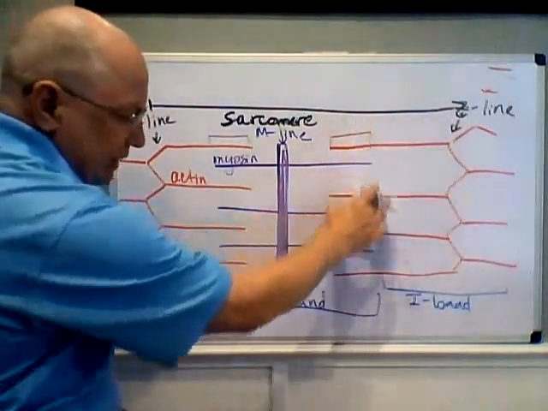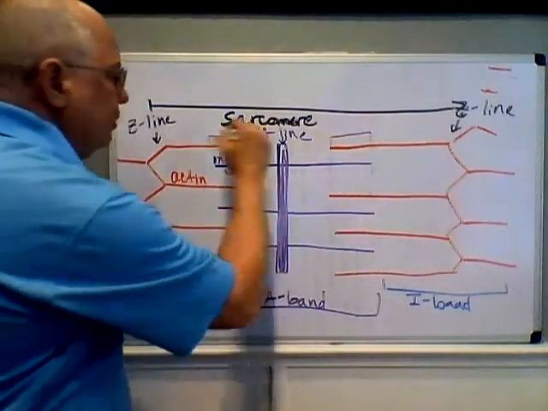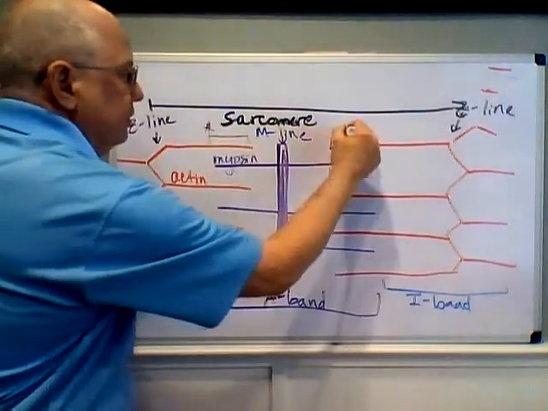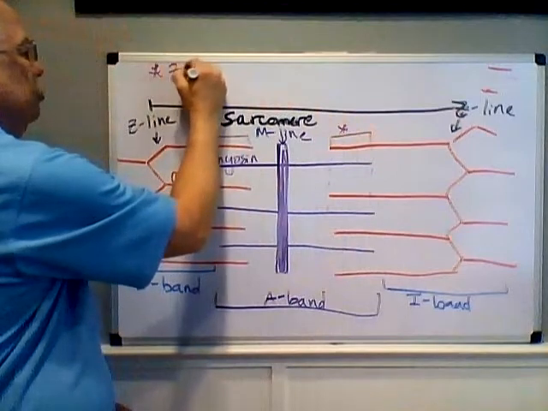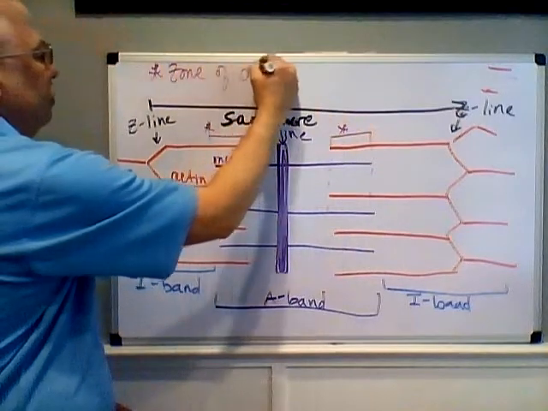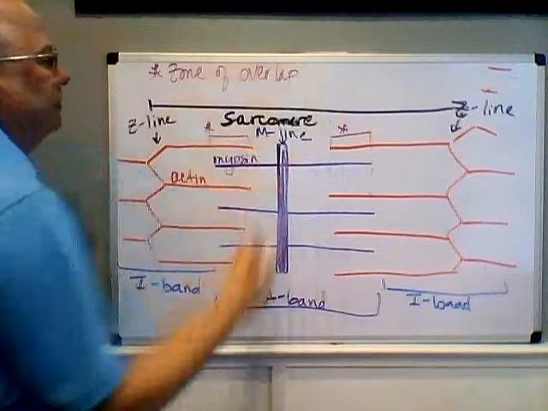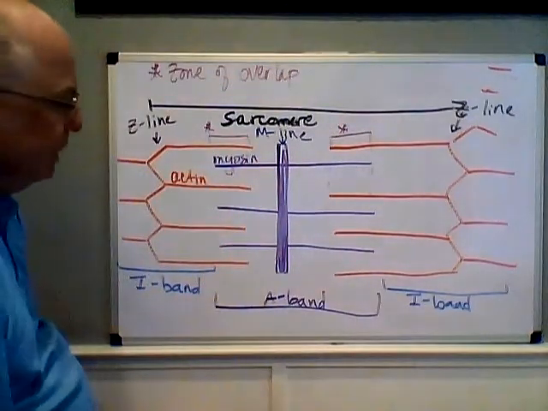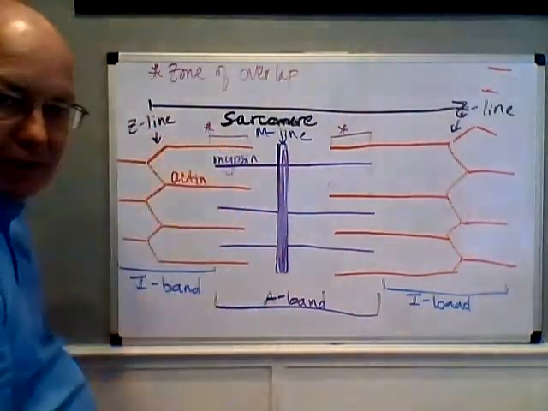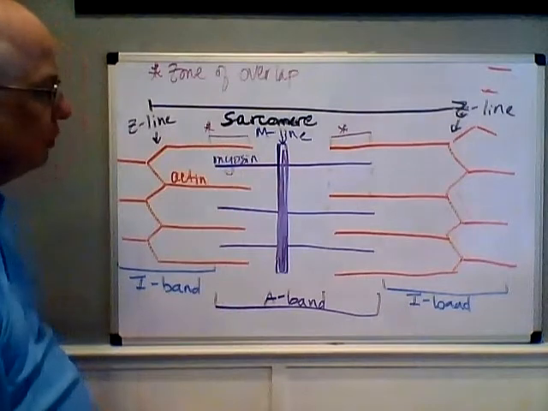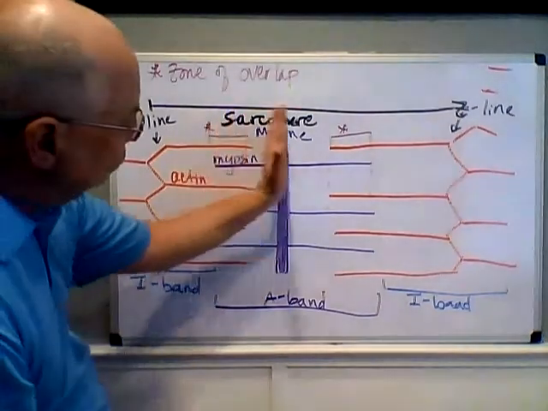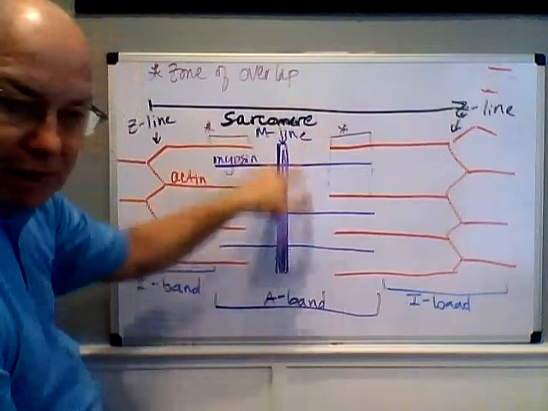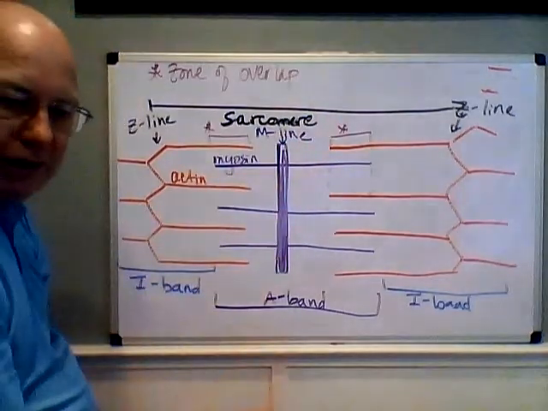In this area, I see actin and myosin overlapping. So I'm going to put a little asterisk here, and that stands for an area called the zone of overlap. A zone of overlap has actin and myosin overlapping each other, which creates this final area in between the two zones of overlap where I see myosin only and, of course, the M line.